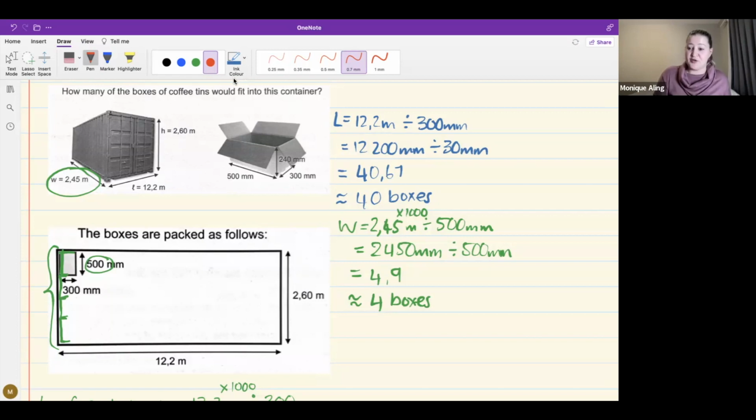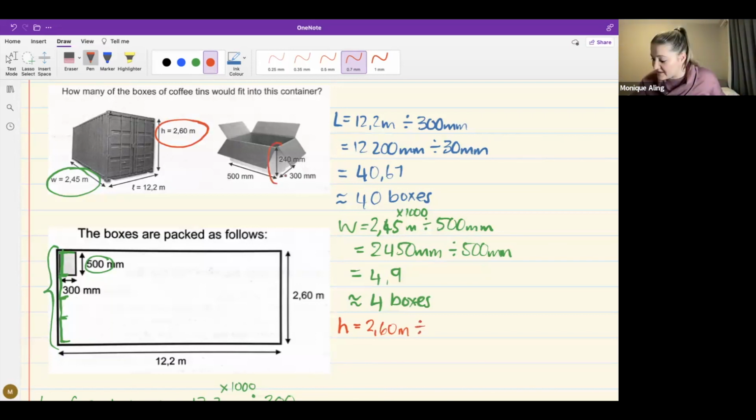I'm getting 2 different answers here. Anyone else want to try? Let's see. Ruyanda. Nice. So if we look at the heights, our height of the container is 2,60 meters divided by the height of the box.